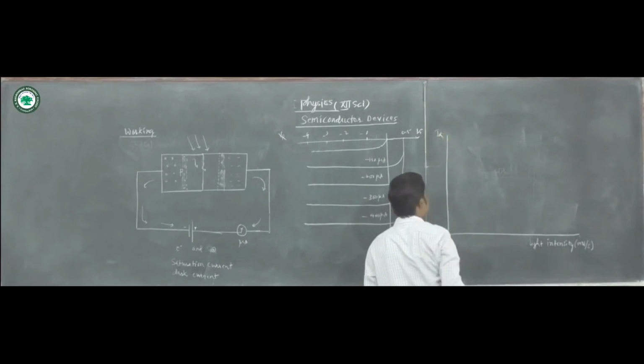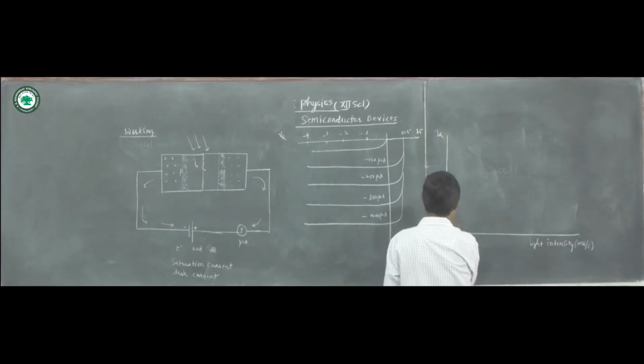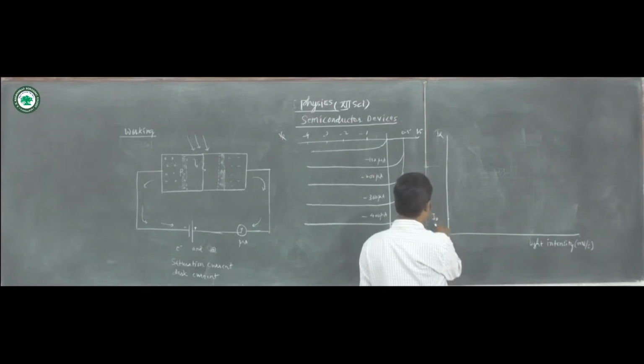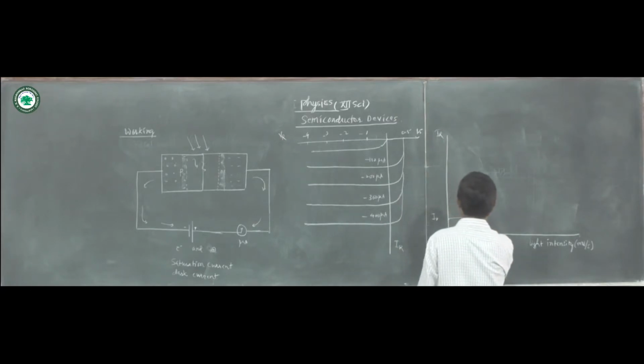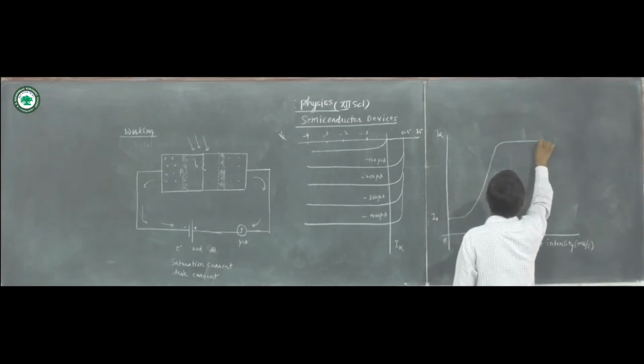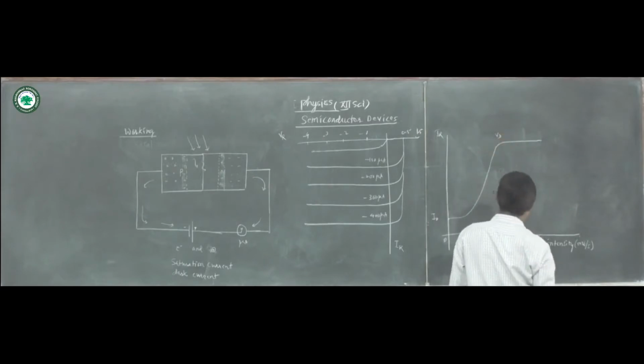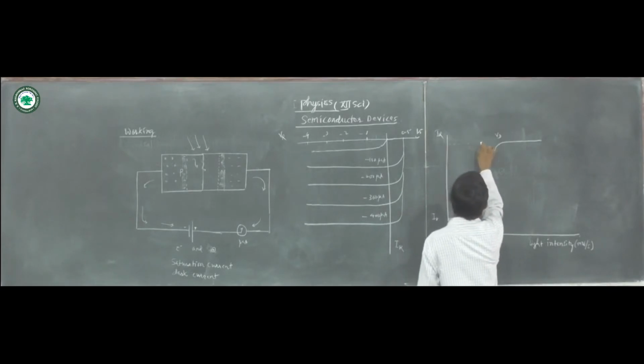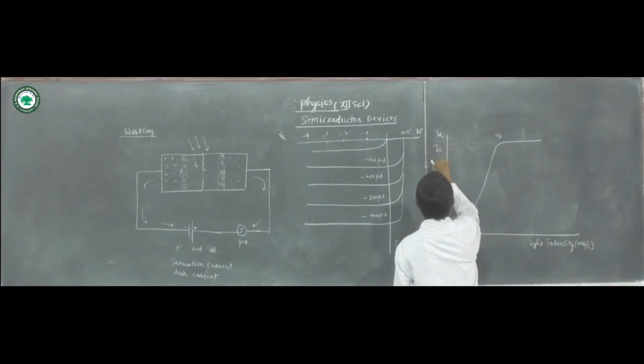This is the saturation current. Initially we get the dark current ID here when there is no light. As you can see, here is no light. We get some value of the saturation current here, which is known as the dark current. It starts to increase, and at a particular reverse voltage, it is constant, and this current is the IS.